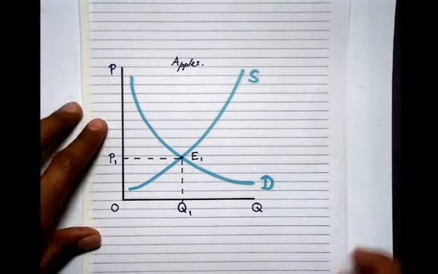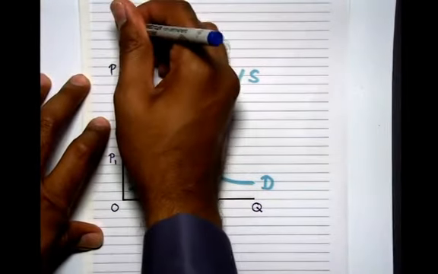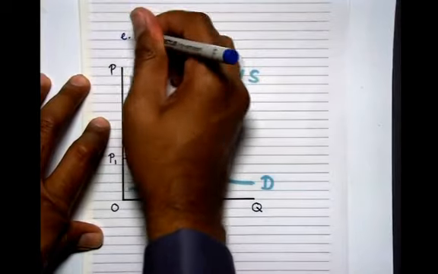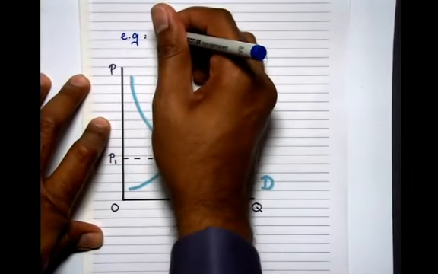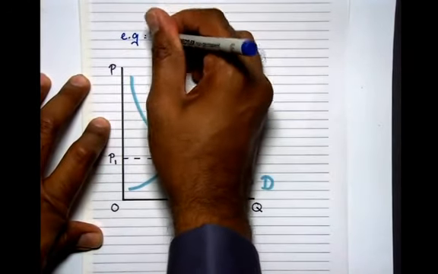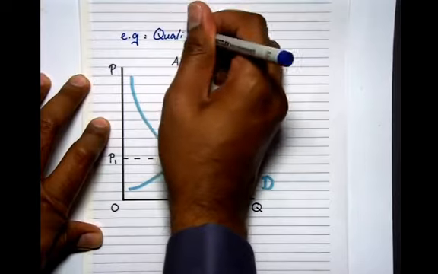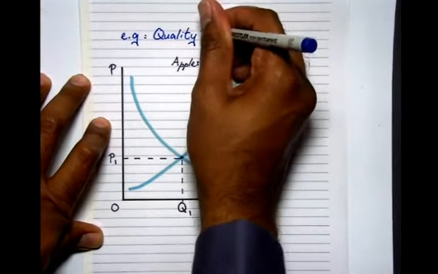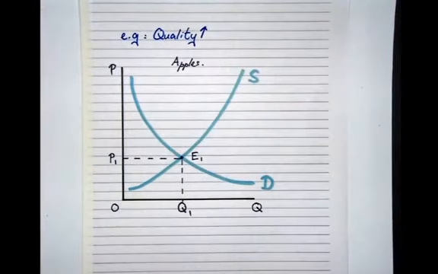So some event occurs. Let's say, for example, the quality of apples improves. There's an improvement in quality of the product.